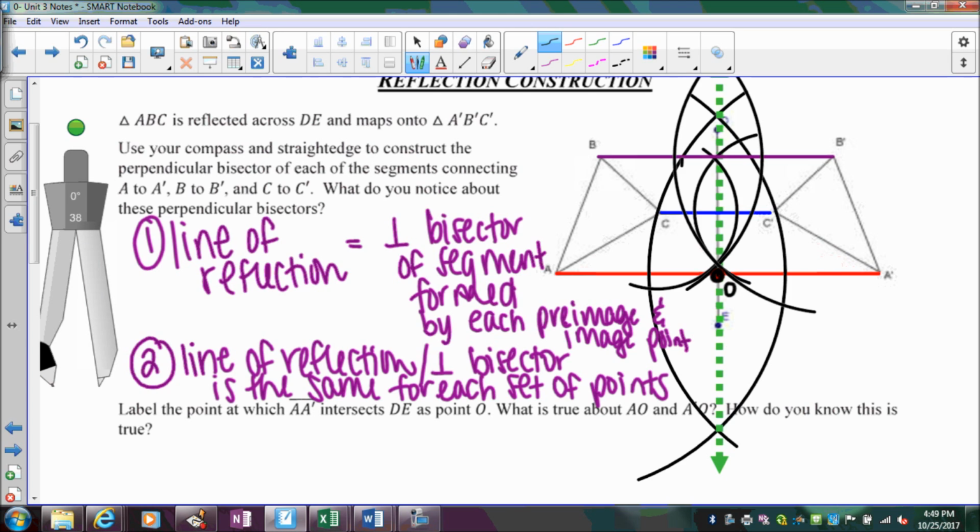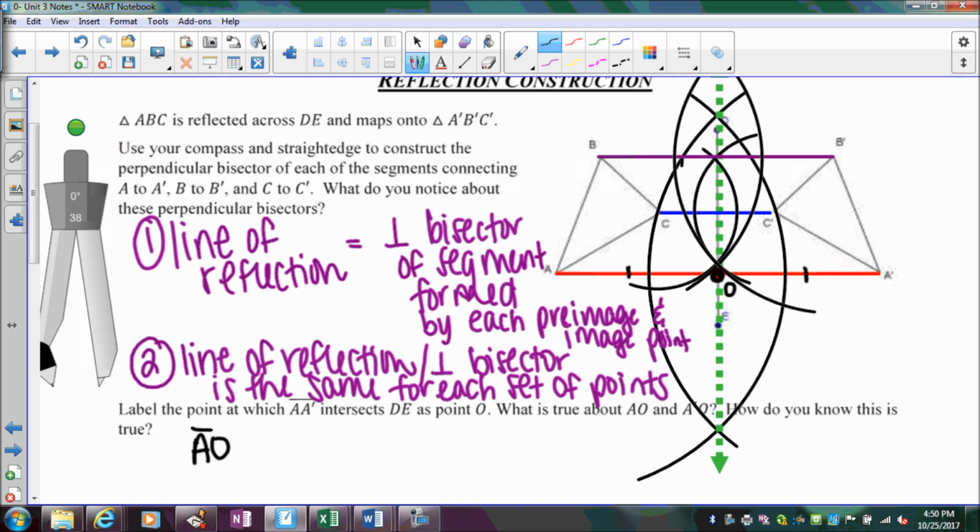It asks, what is true about these segments? If you think about this, point O is on the perpendicular bisector of segment A prime. That means these sections have to be equal.